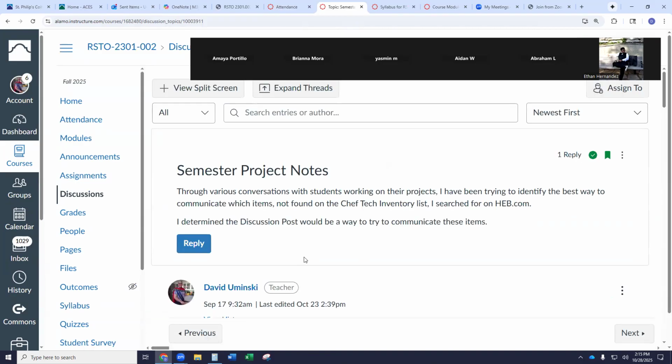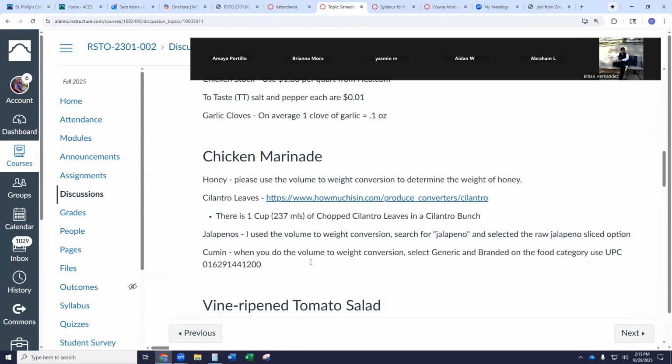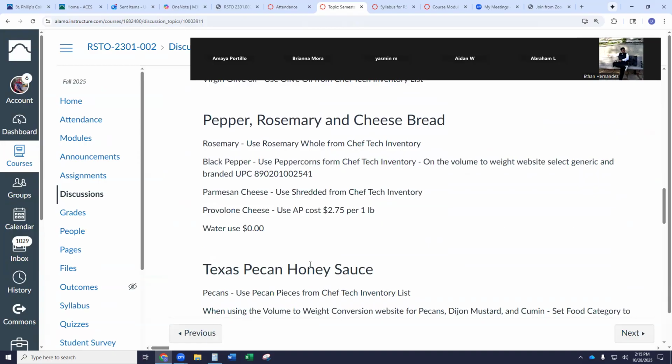Are you doing the Parmesan or the provolone? Yeah, the provolone is listed in the semester project notes. Oh, I see it there. Thank you so much. You're welcome.